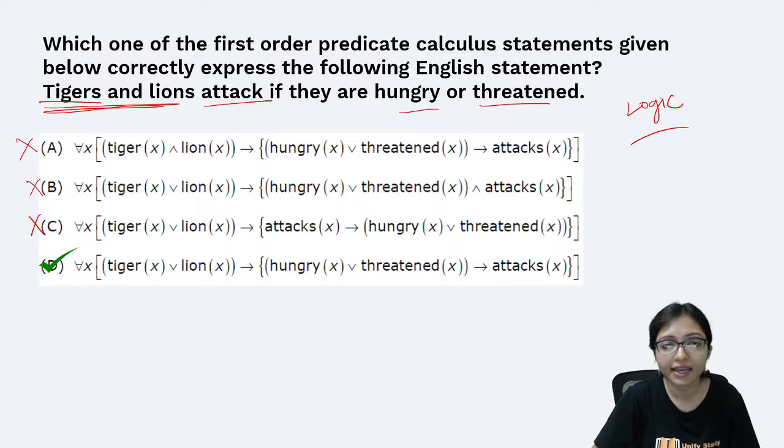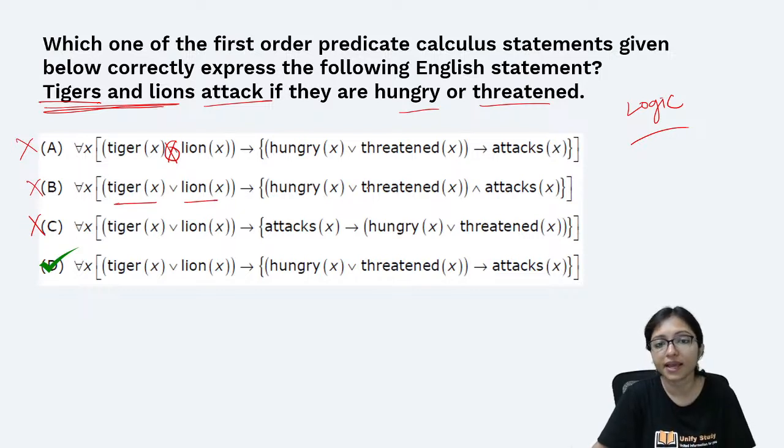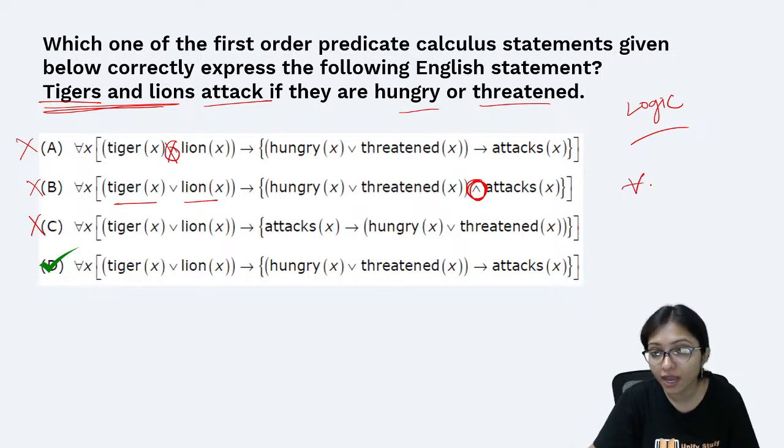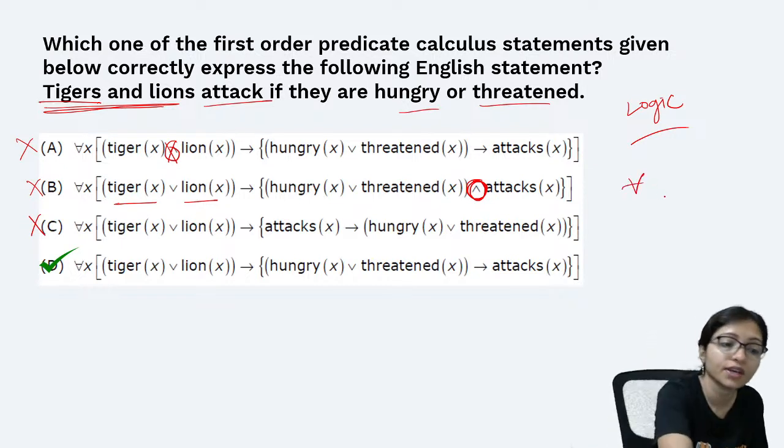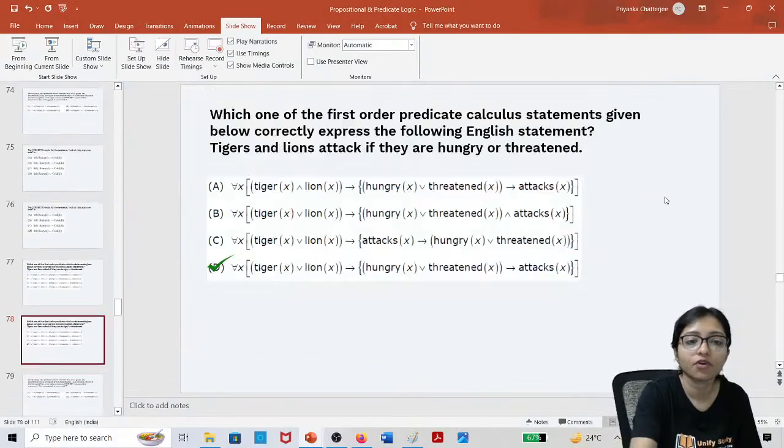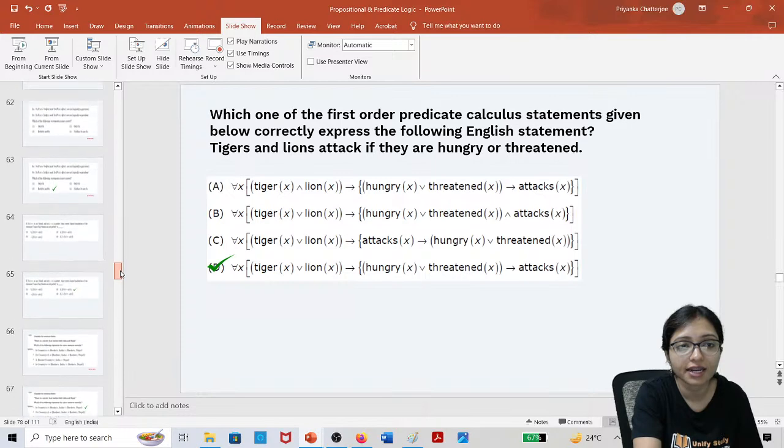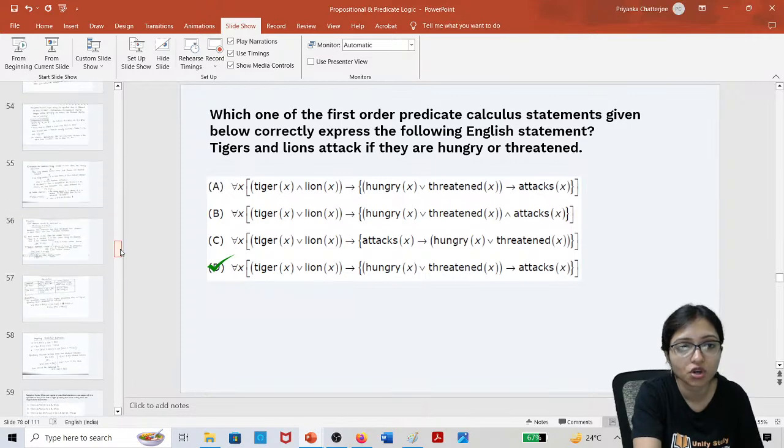That's why using "and" here is wrong. Option B, tiger or lion, implies that you did it correctly, that is okay, but here you used "and". This is what I told you about with the for all, that's why I was telling you it is very important. Again recall why I was telling you to remember this concept.